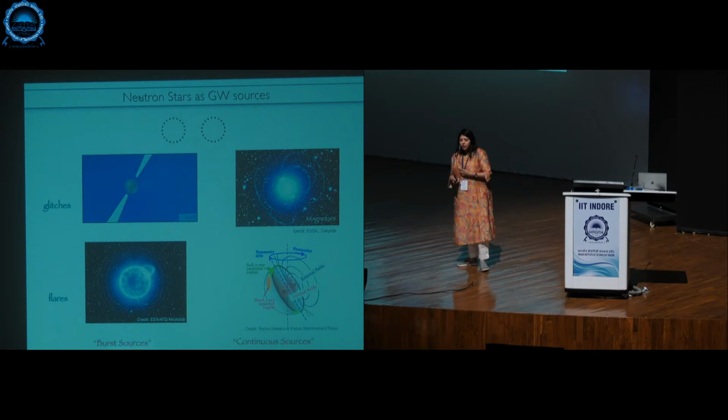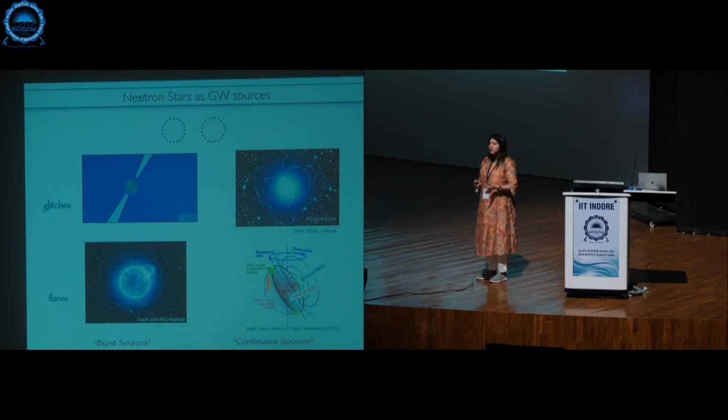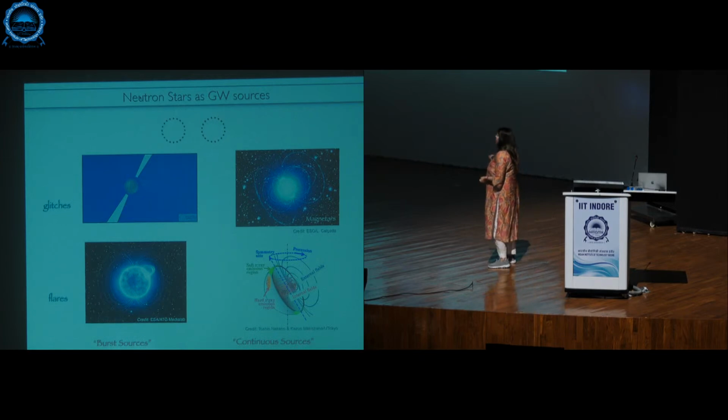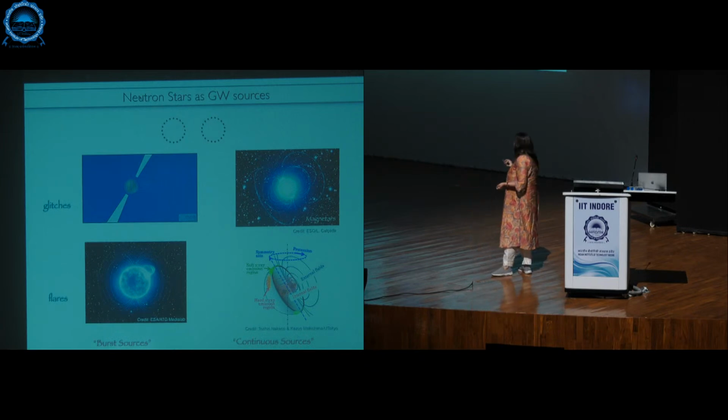There can also be a certain subclass of neutron stars called magnetars, which have extremely high magnetic fields. So these could also have flares and outbursts, analogous to solar flares, and these could also set off gravitational waves. There are also other forms. For example, if there is some kind of distortion, say a mountain on a neutron star would be a few centimeters, but it would still be a mountain.